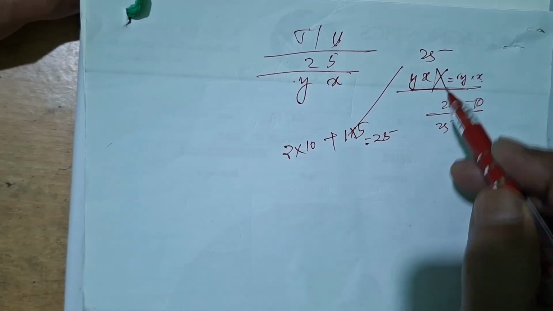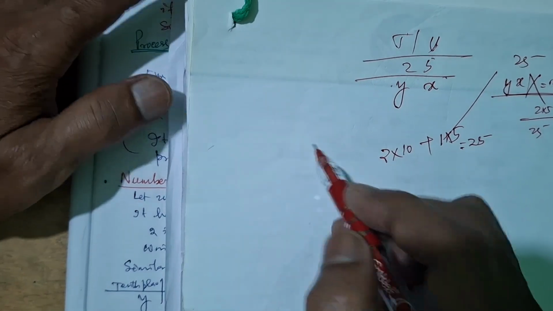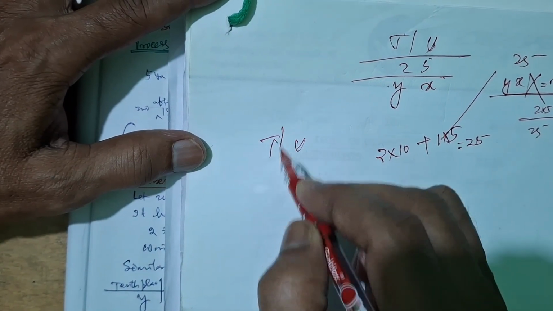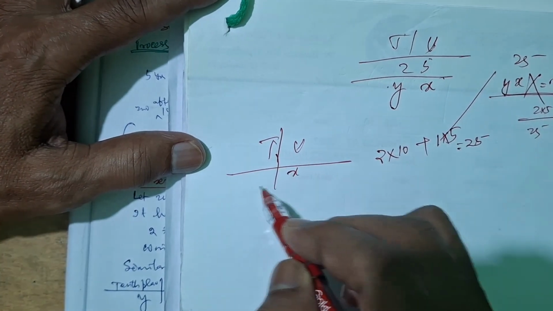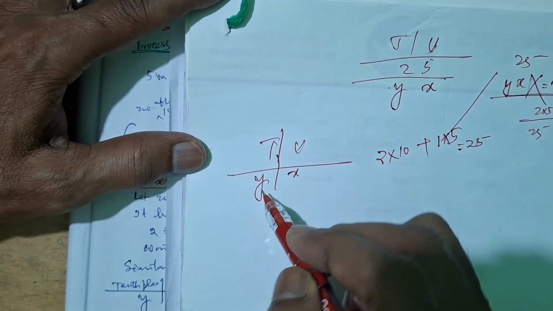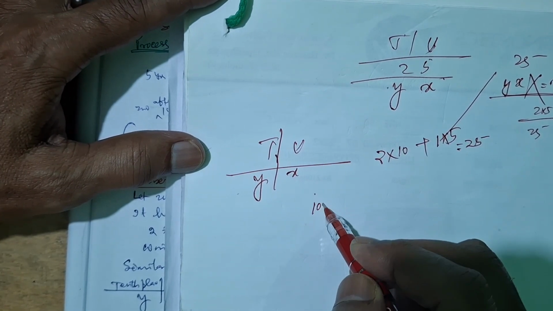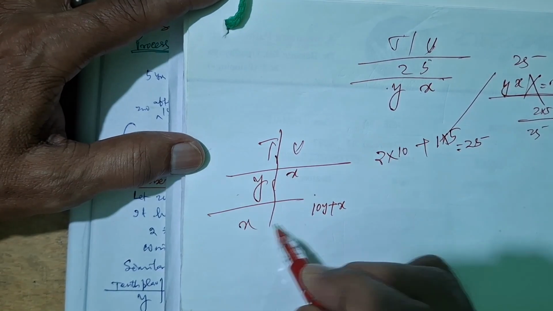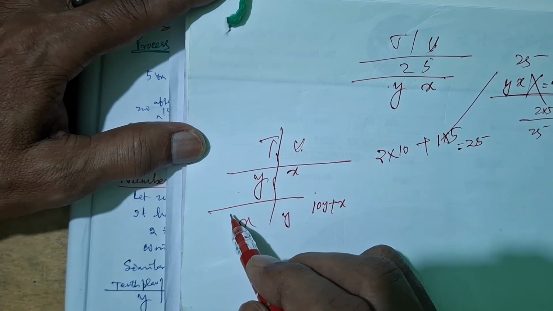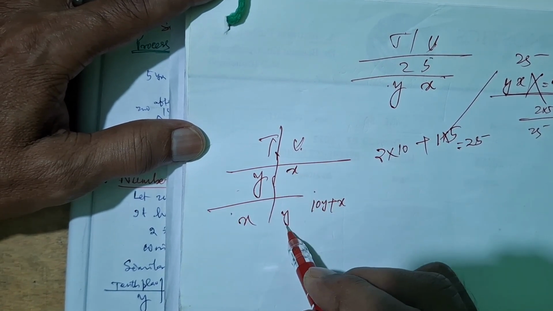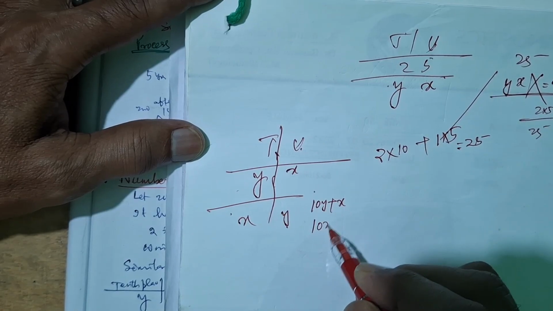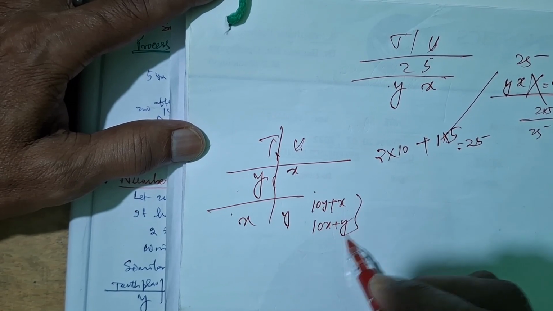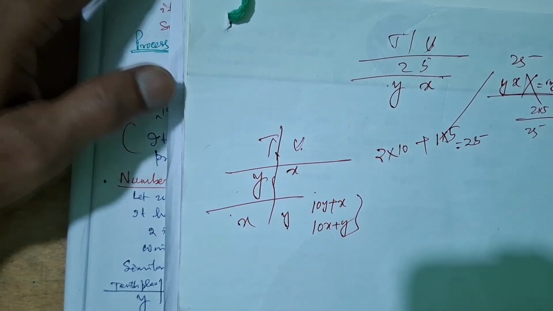In the same way, if the unit place digit is x and the tens place digit is y, the number will be 10y plus x. When the digits change, taking the unit place as y and the tens place as x, it will be 10x plus y. So, these are the two different aspects.